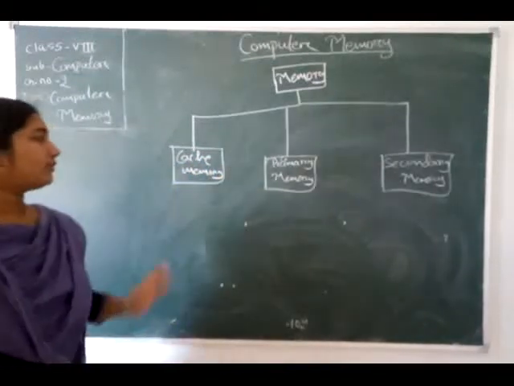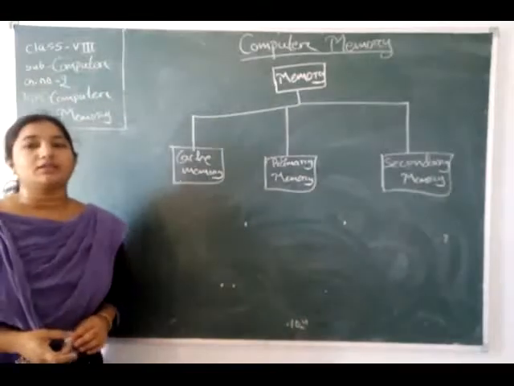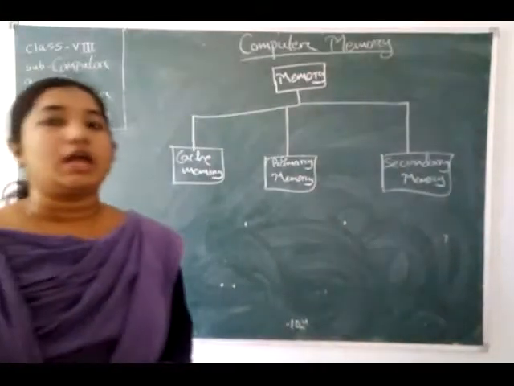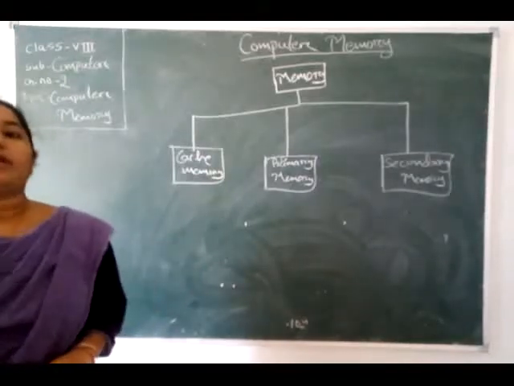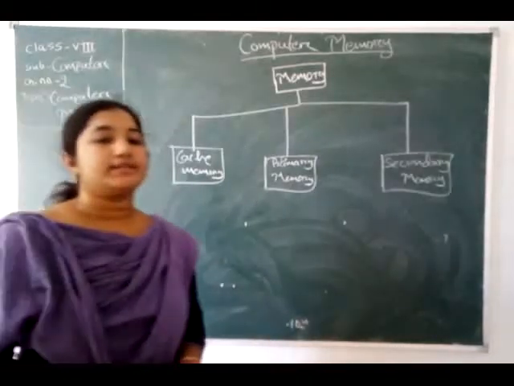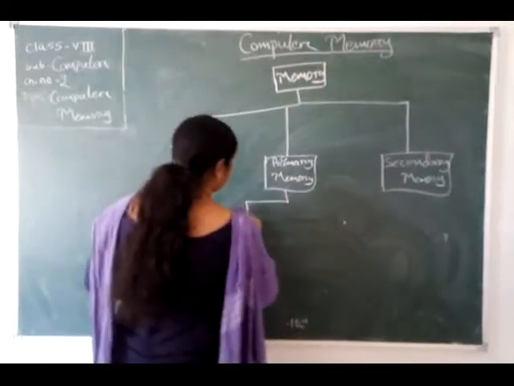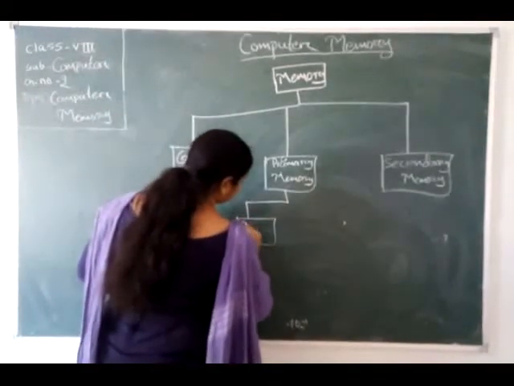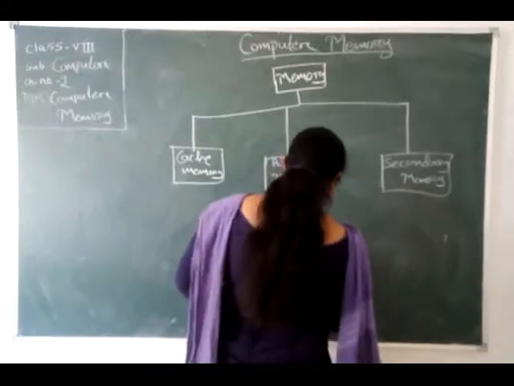So memory is divided into 3 types. And primary memory is again divided into 2 types: one is RAM and another is ROM.